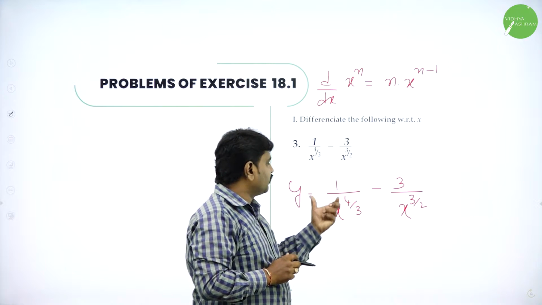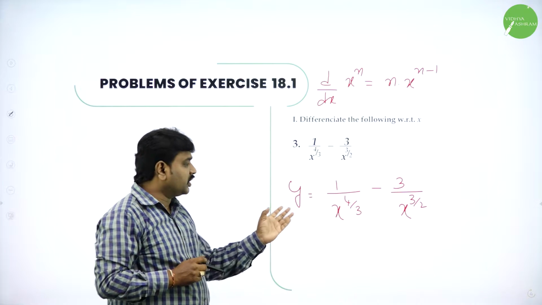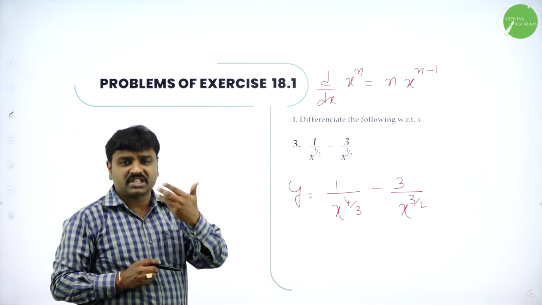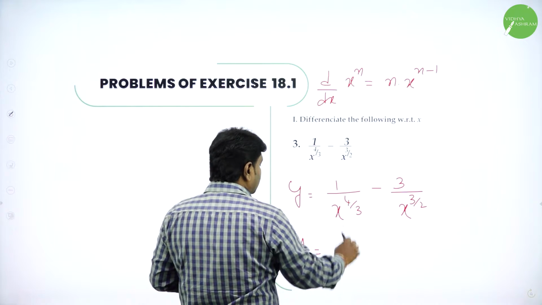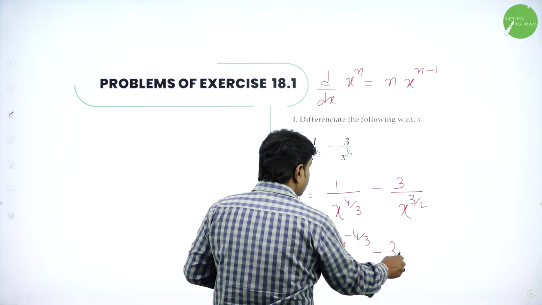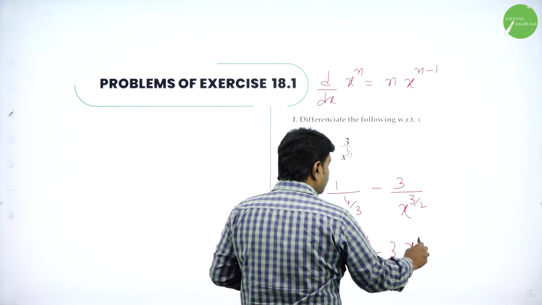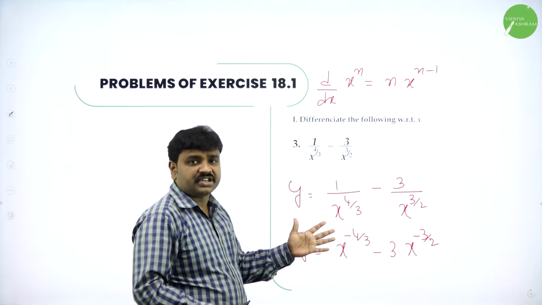So take the given function like this, and now you need to differentiate. You need to differentiate means write in the form x power n. So I'll write y is equal to, take it up, it will become x power minus 4 by 3 minus 3 into, take this up, it will become x power minus 3 by 2. So we have not differentiated.